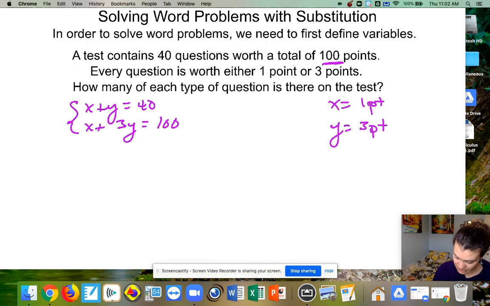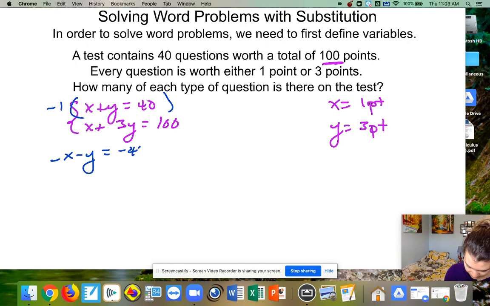Now at this point you can solve. There's lots of options here, but I'm going to do elimination. You can do substitution, but if I multiply this by negative 1, we'll get a nice elimination problem. So we'll get negative x minus y equals negative 40, and then x plus 3y equals 100.